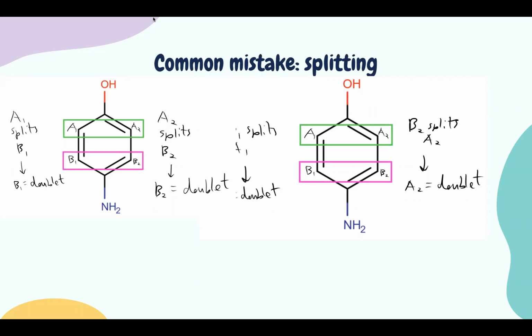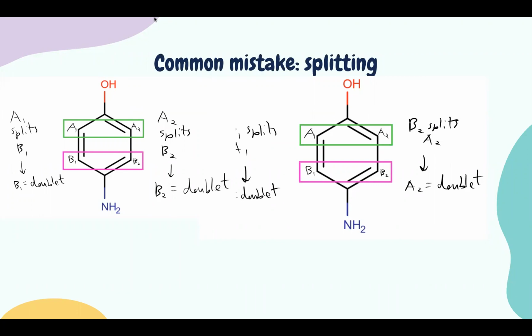Okay, it's okay if I repeat again what he said and see if I got it correctly. Basically, all the A will be under the same signal, and all the B will be under the same signal.